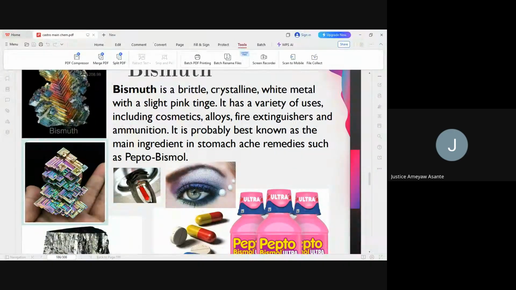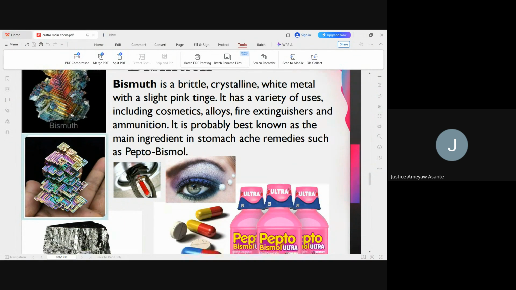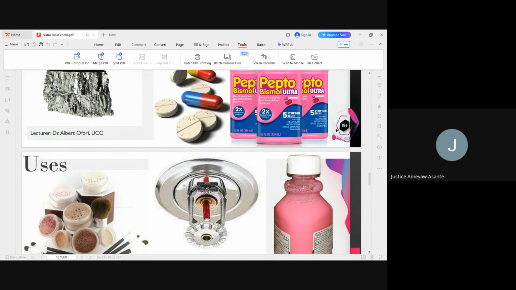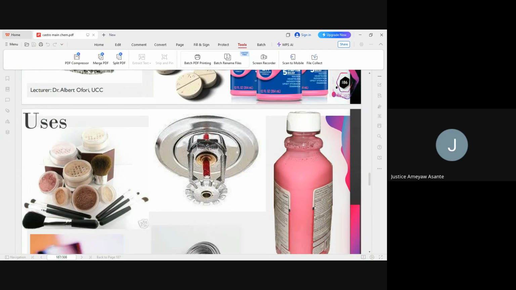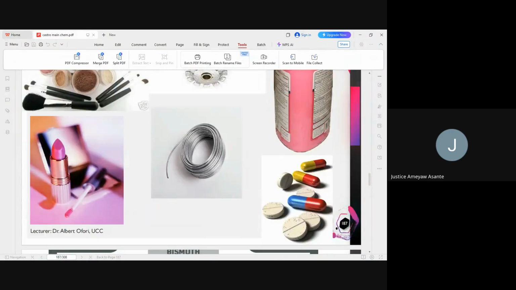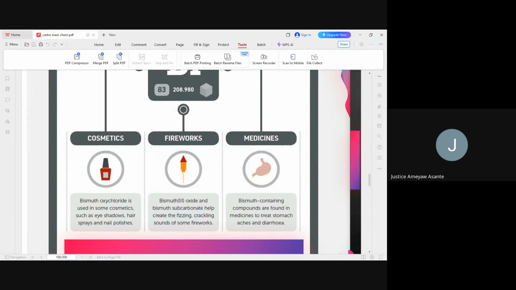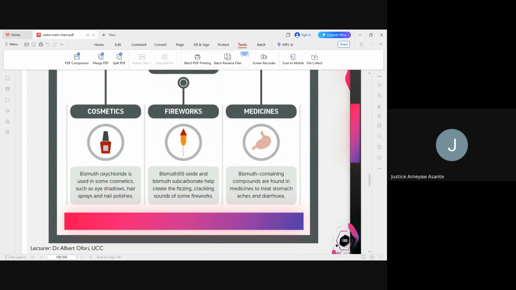It is probably best known as the main ingredient in stomach ache remedies such as Pepto-Bismol. So it's used as a drug. And these are the various uses: used in cosmetics, used in fireworks, used in medicine.